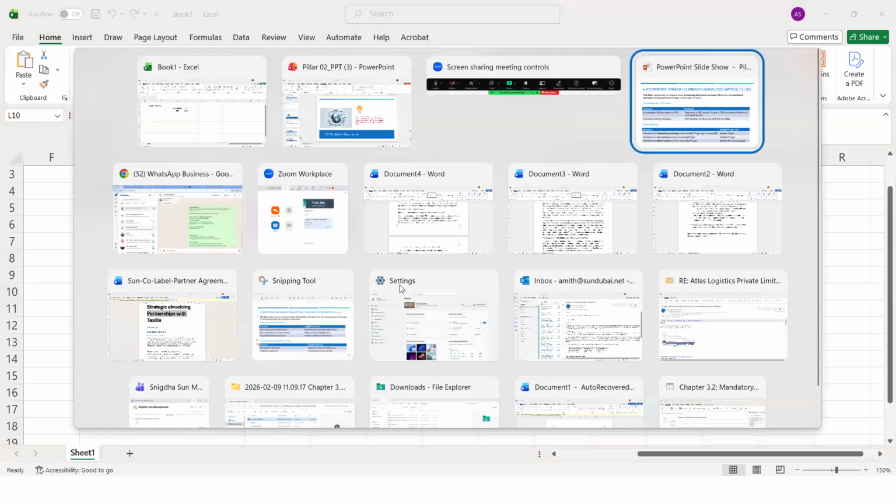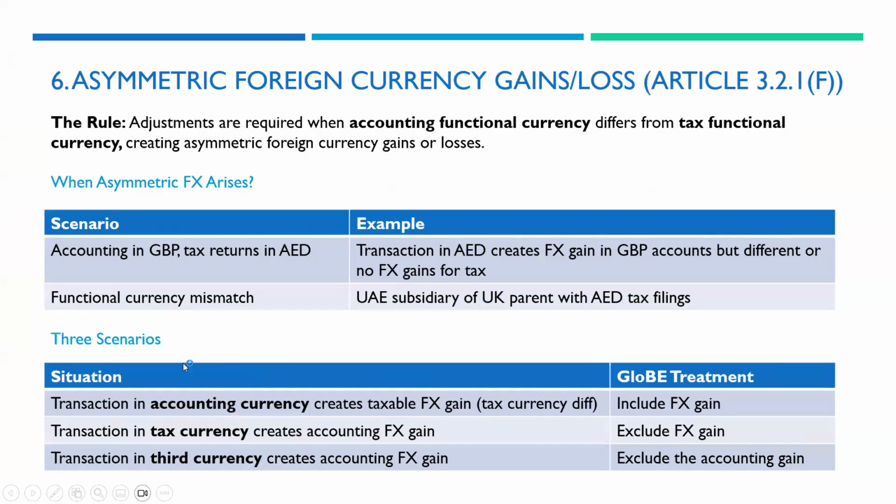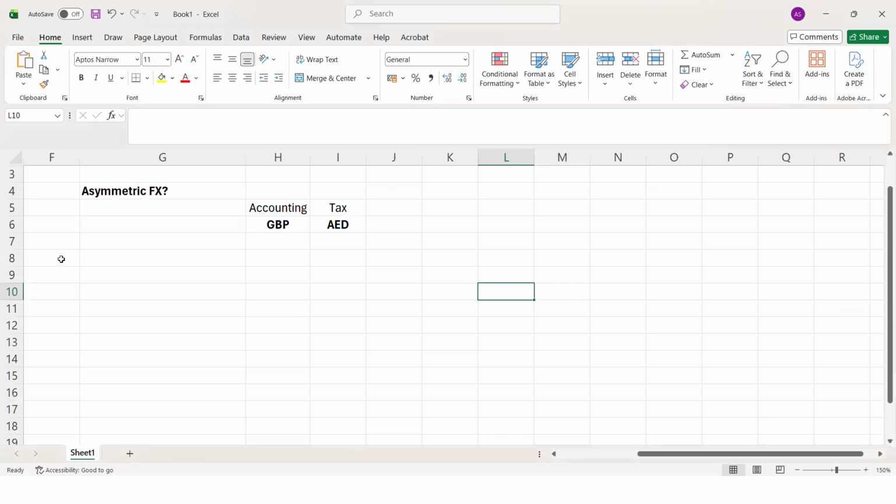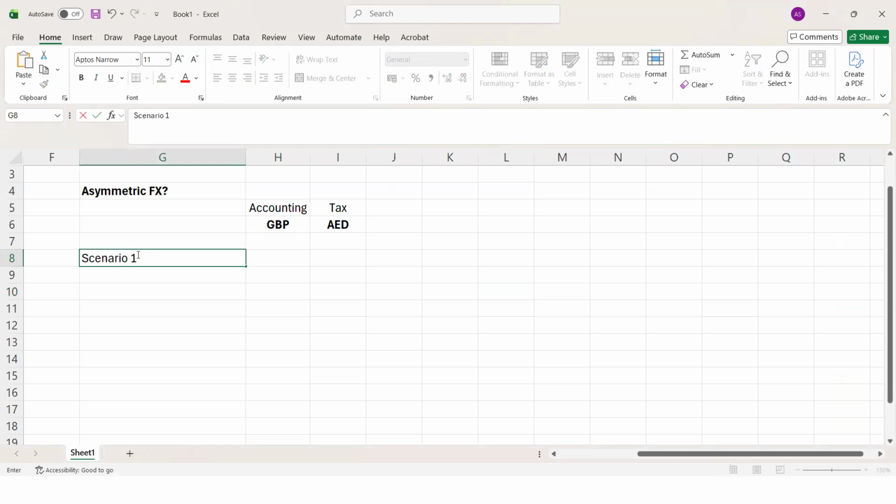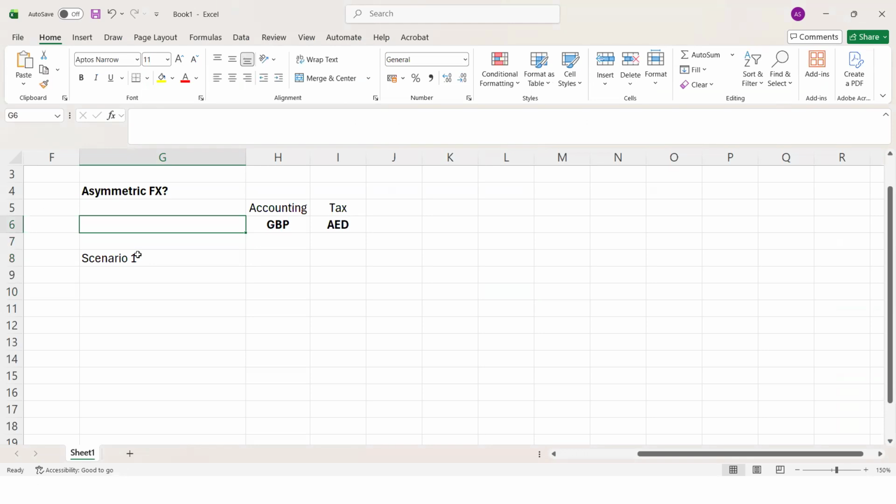So let's go back to our presentation. This arises in three situations. Transaction in accounting currency creates a taxable FX gain, and there is a tax currency difference. What this means is, in the first scenario, let's imagine that I have an asset, let's say cash.